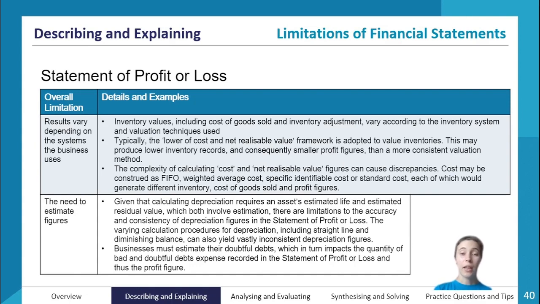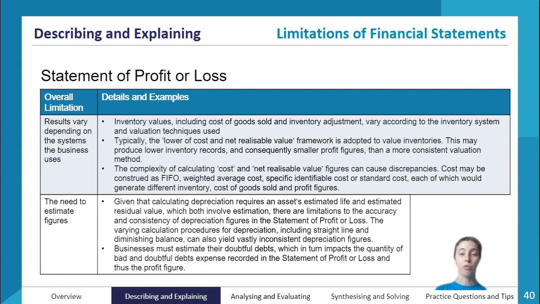Another calculation issue is that there is a need to actually estimate some figures. For example, depreciation: you need to estimate the life of an asset and the residual value, and that can impact the accuracy and consistency of depreciation figures that are listed in the statement.